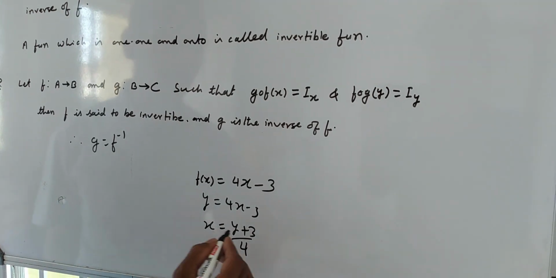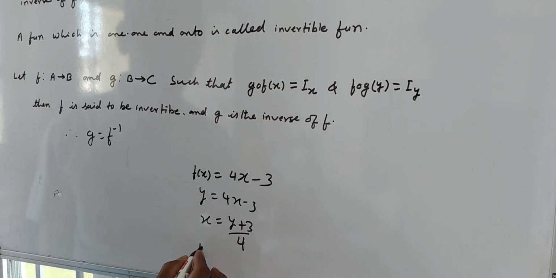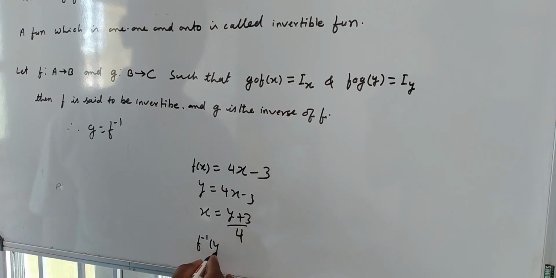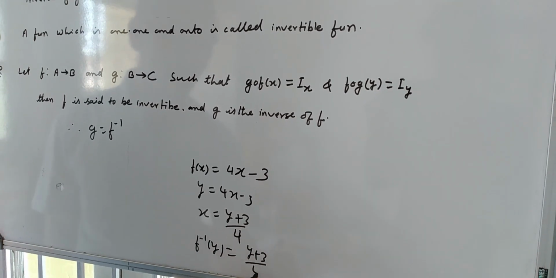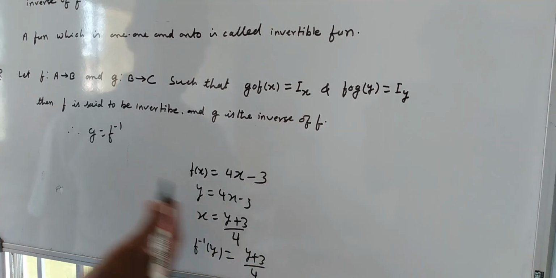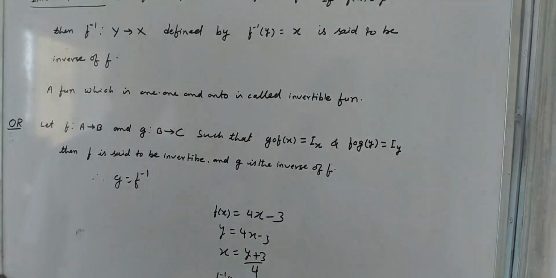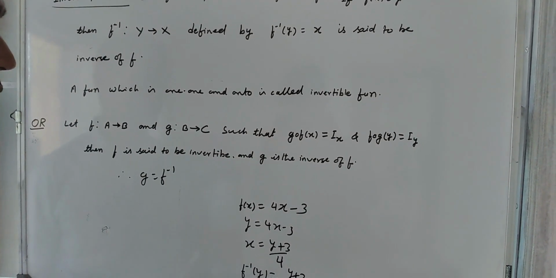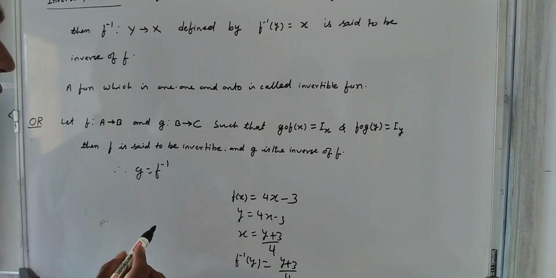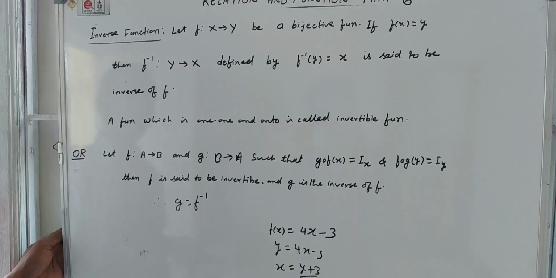So this is your inverse function. You can write here f inverse (y) equals (y plus 3) by 4. So finding the inverse is very simple, but before this you have to prove it is invertible. That means it should be bijective, one-one and onto.